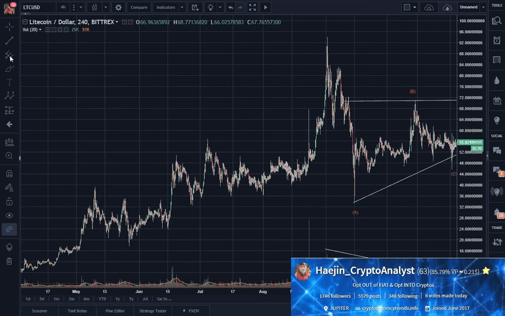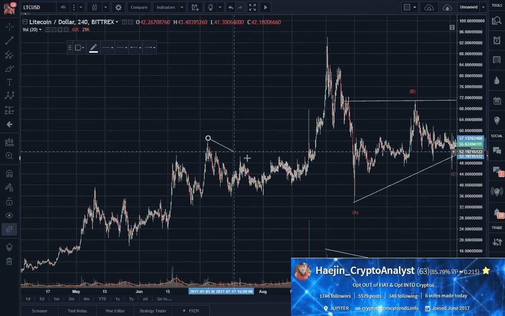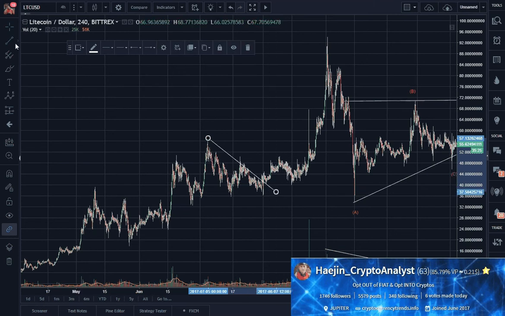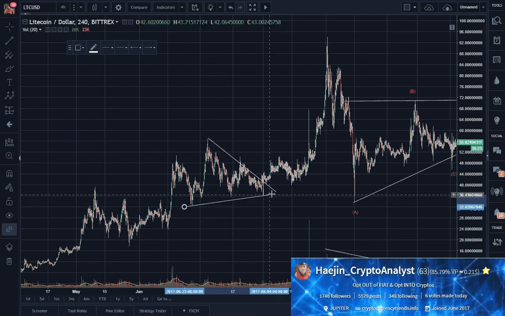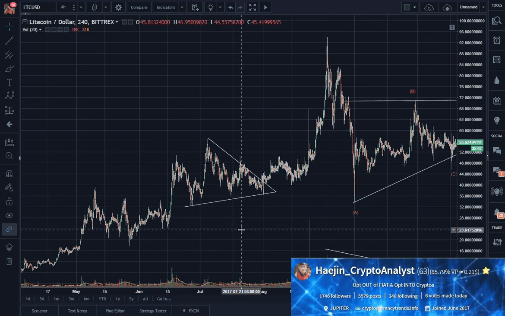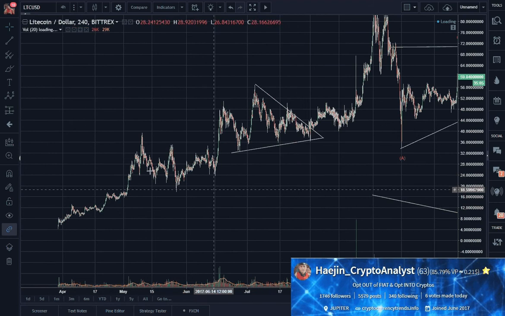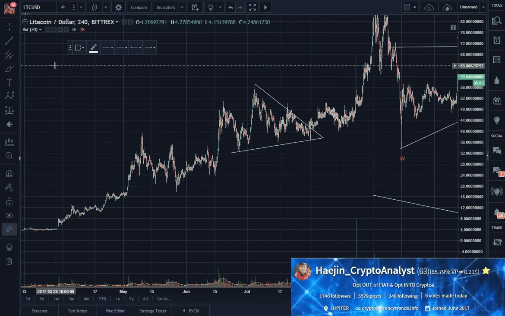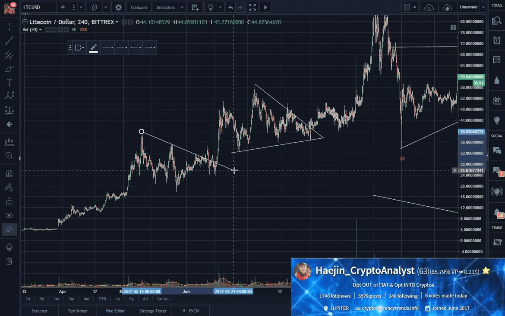Now in the triangle type, like from here, if you just take this as WXY, let's say. So you're saying WXY, WXY, continuation of that whole triangle, another complex one up. Now with triangles, you can also look for fractals as well.